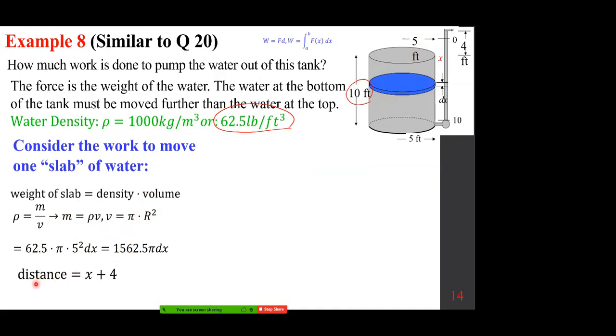We are moving this by how much? By x to bring it up here, and then another 4 feet to take it up there. So by x plus 4. And x plus 4 times that, and we have this increment of the work. In essence, this is dW, everybody.